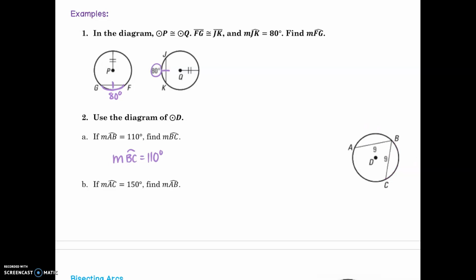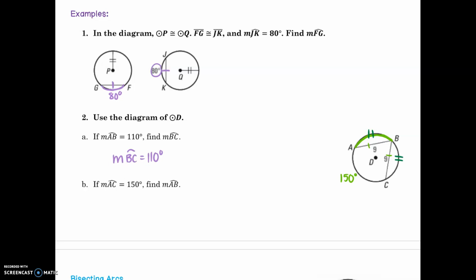For part B, they tell us that the measure of arc AC is 150 degrees, and they want us to find the measure of arc AB. Because chord AB and chord BC are congruent, they both measure 9 units. We know that arc AB and arc BC are also congruent.